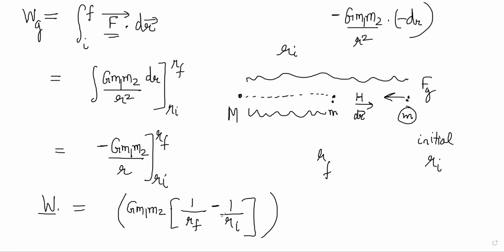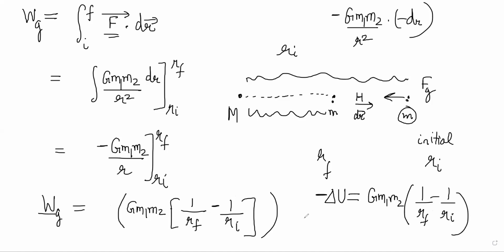Yes, sir. So if work done by gravity is this amount, then that is equal to minus delta U of gravity. So that is G m1 m2 times 1 by Rf minus 1 by Ri, and that makes Ui minus Uf equal to G m1 m2 times 1 by Rf minus 1 by Ri.